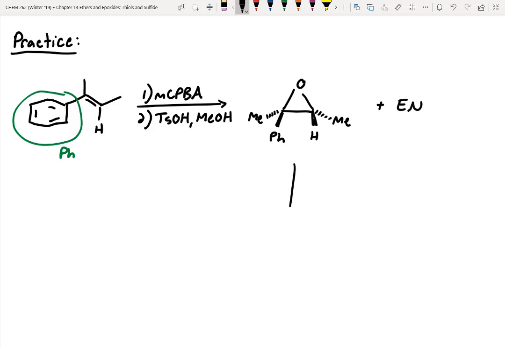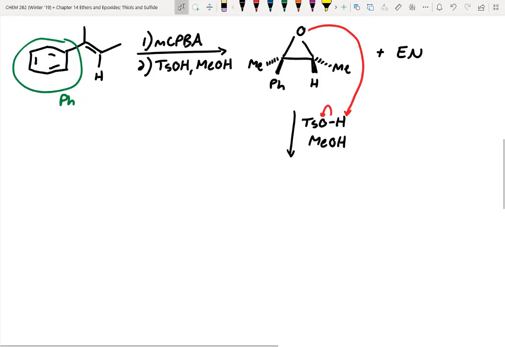And then in the next step, we've got tosylic acid, which is a good source of protons, so we can protonate the epoxide. Give us our protonated intermediate.